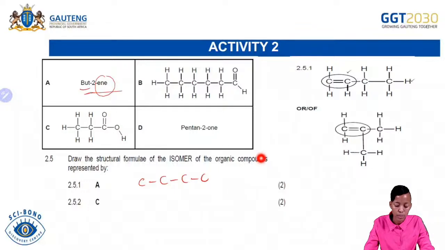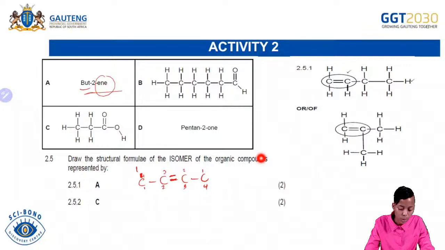From there, the double bond is on position number 2. So this can be carbon 1, 2, 3, and carbon 4. Or from the right, it can still be 1, 2, 3, and 4. So you can see that whether we are counting from the left or from the right, we are still going to maintain the same position of the double bond, right?